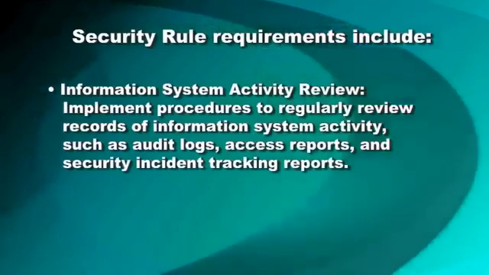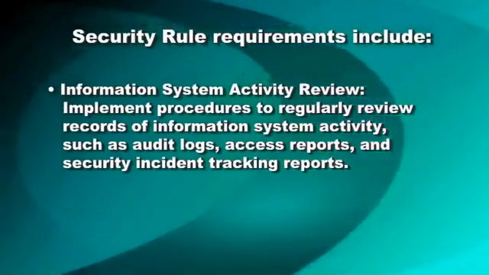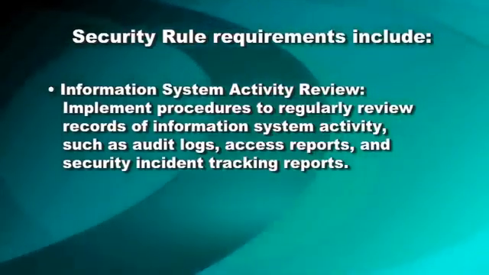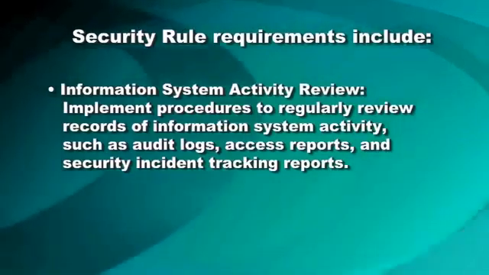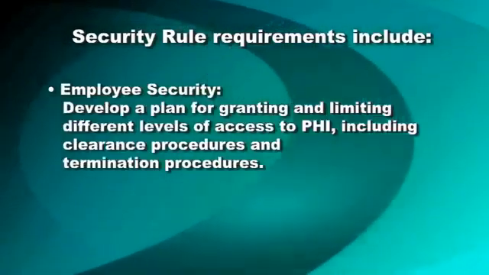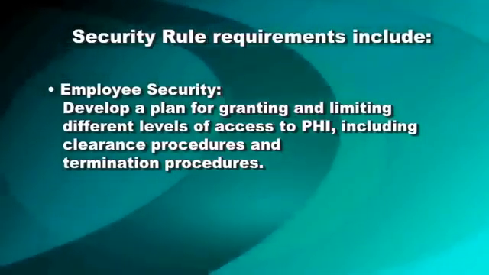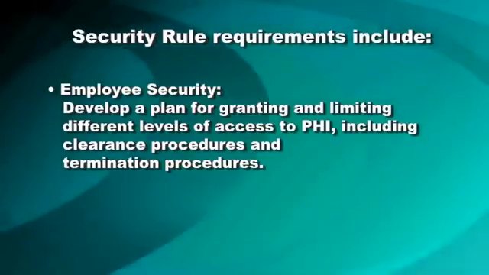Information system activity review: implement procedures to regularly review records of information system activity, such as audit logs, access reports, and security incident tracking reports. Employee security: develop a plan for granting and limiting different levels of access to PHI, including clearance procedures and termination procedures.